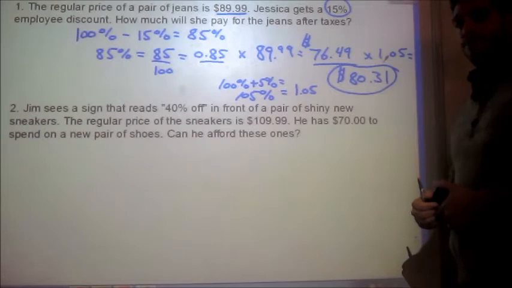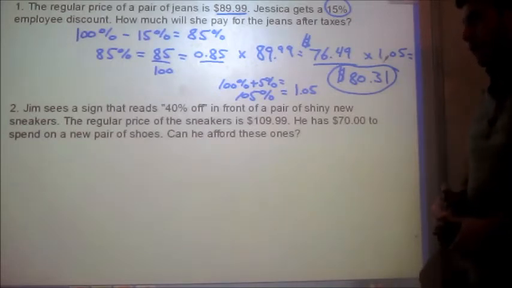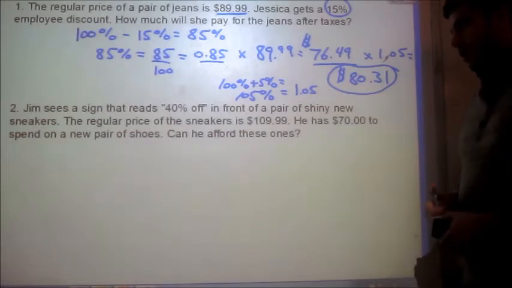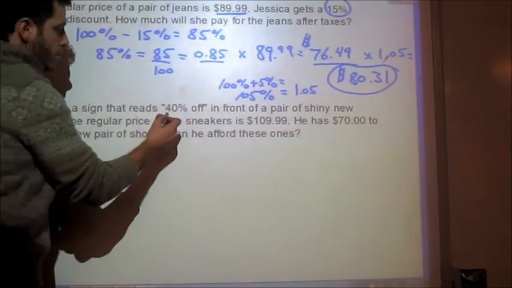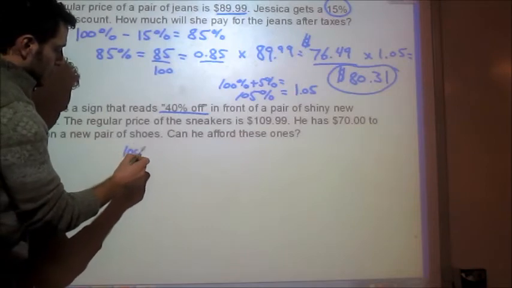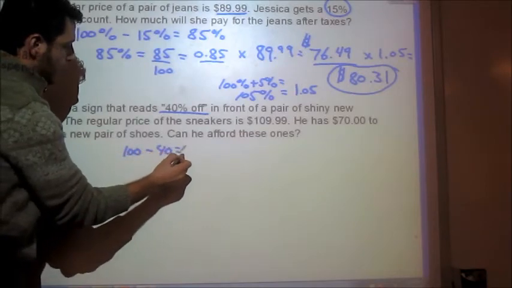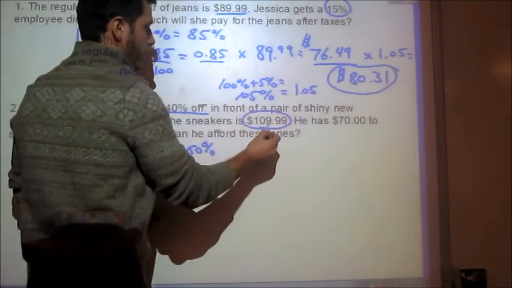How about the next problem? Jim sees a sign that reads 40% off in front of a pair of shiny new sneakers. The regular price of the sneakers is $109.99. He has $70 to spend on a new pair of shoes. Can he afford these ones? Well, we have a discount of 40%. That would mean that he is going to pay 60% of this original price.